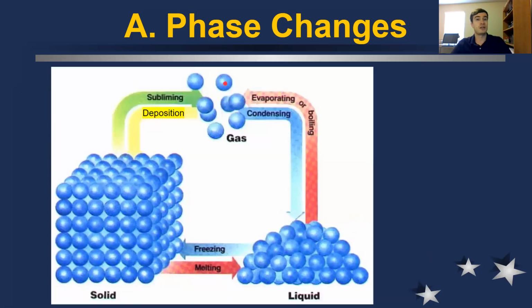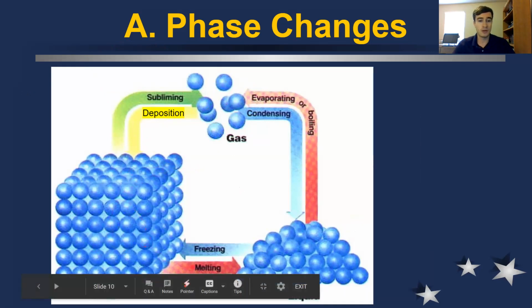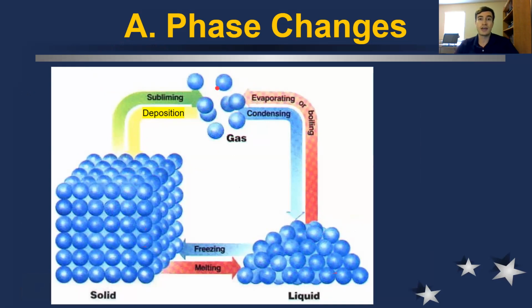So this little chart right here sums it up nicely. We've got sublimation going from solid to gas, and then deposition going back the other way around, gas turning directly into solid. You can also trace the other phase changes that we talked about on this chart. So starting from a solid, we melt to turn into a liquid, and then evaporate or vaporize or boil to go into a gas.